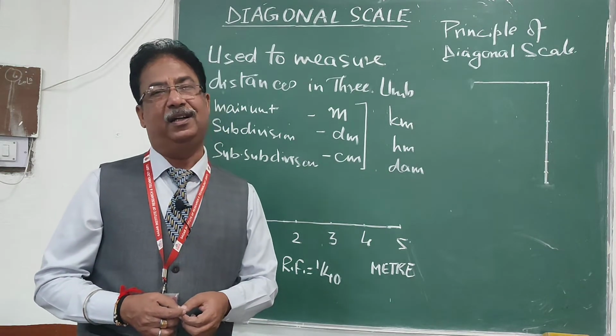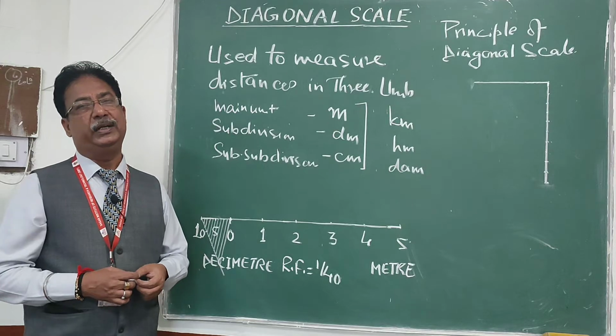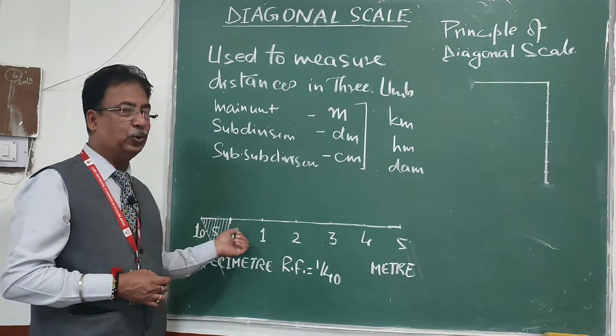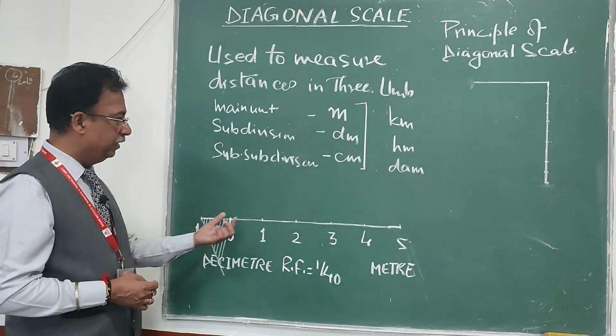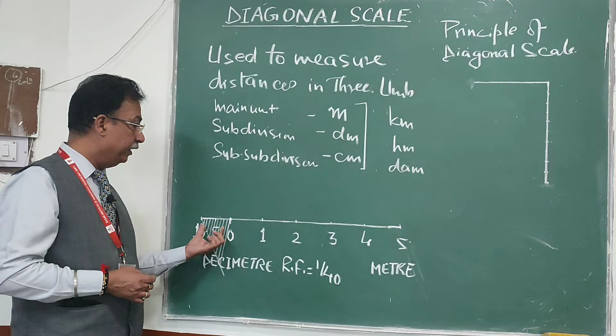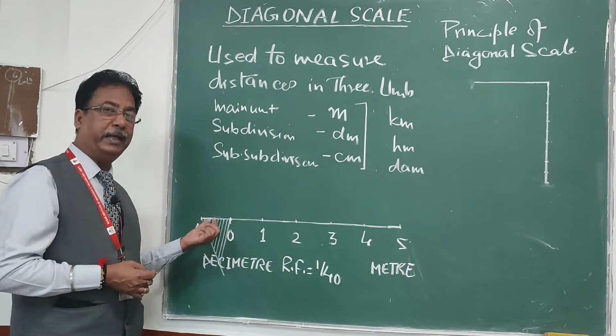But I don't think it is possible to divide this small part into 10 parts, because technically, if I see from the drawing length, this total length is 15 centimeter. We have divided that into 6 parts, so one part will be 2.5 centimeter. Now we have divided this 2.5 centimeter, that is 25 mm, into 10 parts.